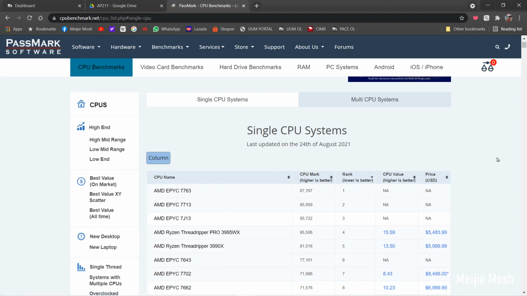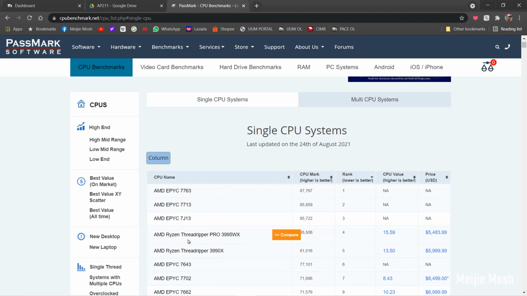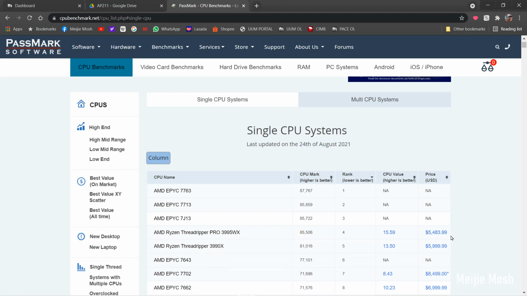For the AMD Ryzen Threadripper Pro 3995WX, the price is 5,483 US dollars, and the ranking is number 4.